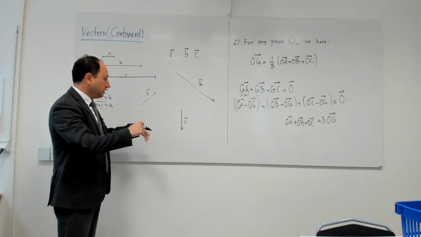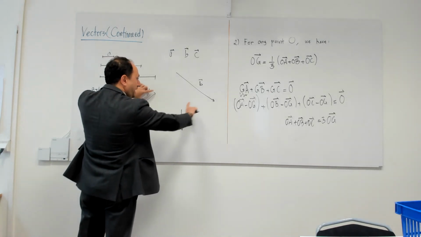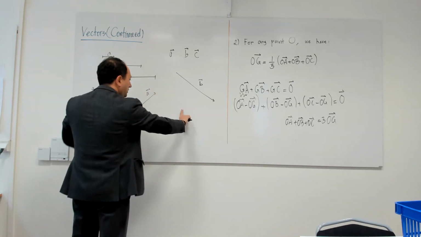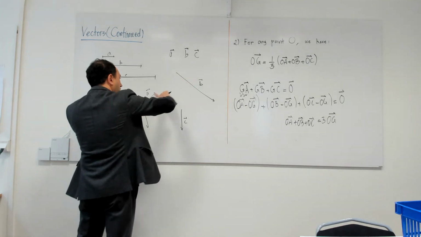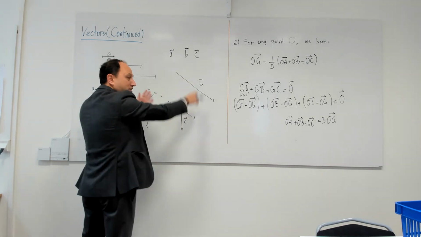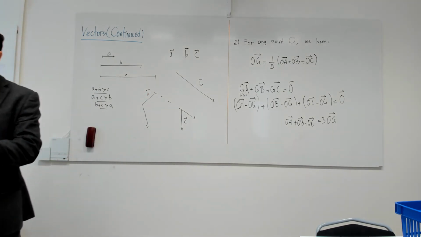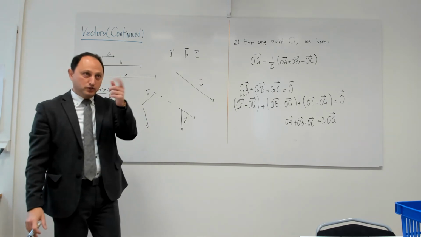I can move them around, but I have to parallel transport them. I can, for example, put this one from here, or this one from here. If I do that, then the third one should come in. For example, in this picture, it is clear that they cannot make a triangle, but I am doing the experiment. But assume that I am not allowed to do the experiment.